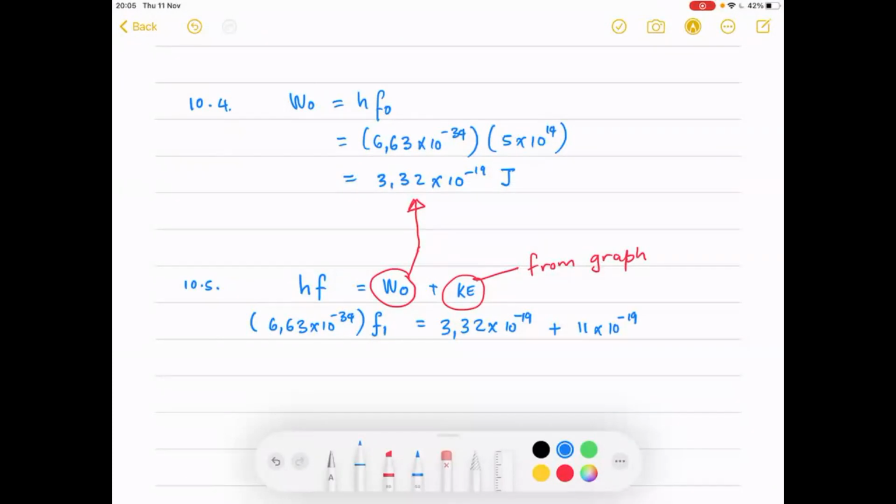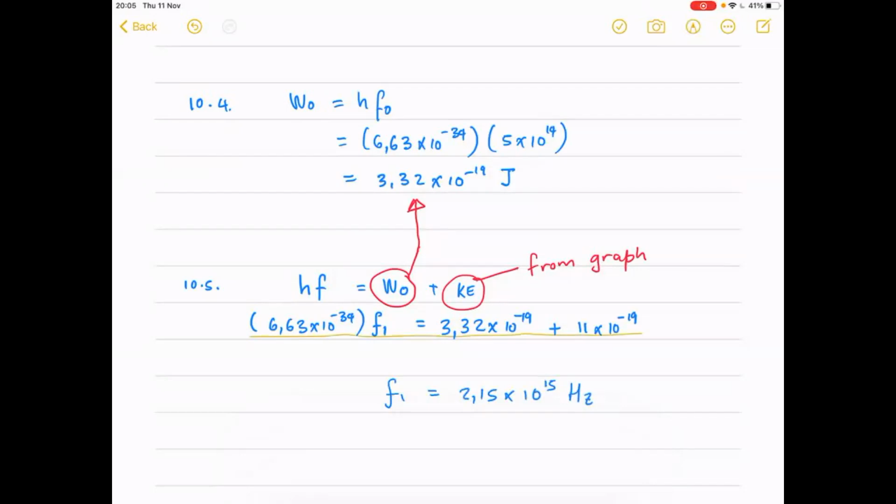So if we've got all these values, you can just solve for f1, and you should get 2.15 times 10 to the 15 hertz. I hope I didn't speak too fast, but that's how you'd solve it. Okay, that's it from my side.